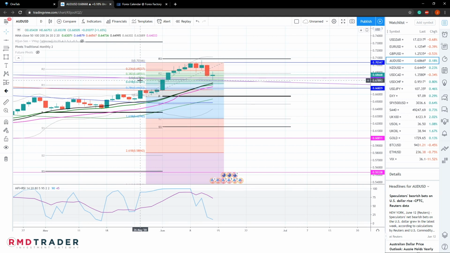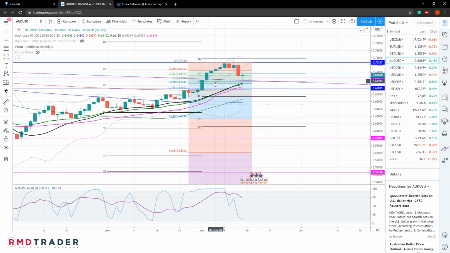Quite a coincidence, but yeah, the 0.618 Fibonacci retracement along with the 0.5 Fibonacci retracement area both sitting at about 0.674 to 0.678. So this is the area of support that we are currently testing, and that's also the breakout area that we saw on the 2nd of June.